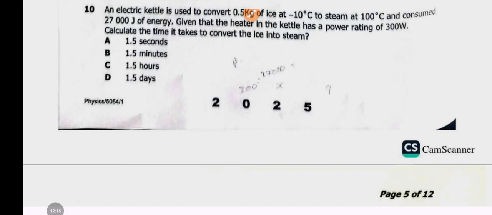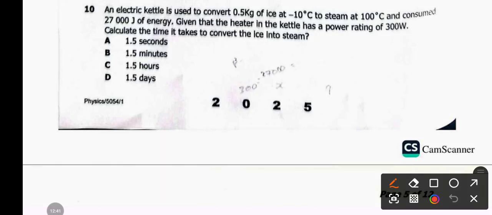Okay, question 10. An electric kettle is used to convert 0.5 kg of ice at minus 10 degrees Celsius to steam at 100 degrees Celsius and consume 27,000 joules of energy. Given that the heater in the kettle has a power rating of 300 watts, calculate the time it takes to convert the ice into steam. As funny as that may seem, this information was basically useless.